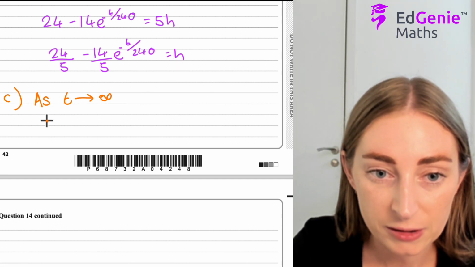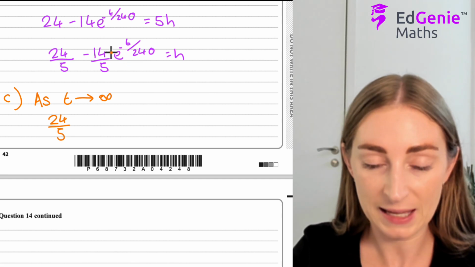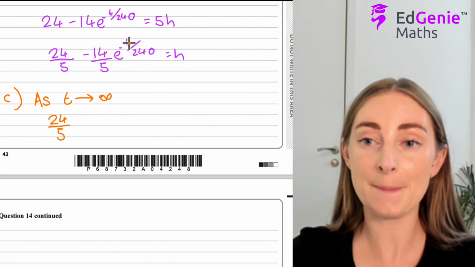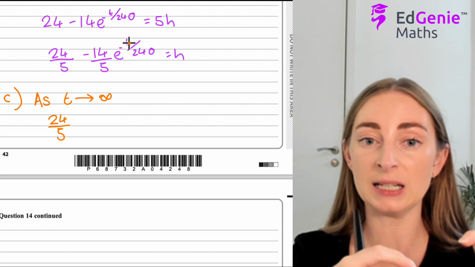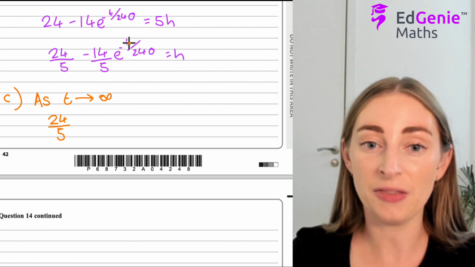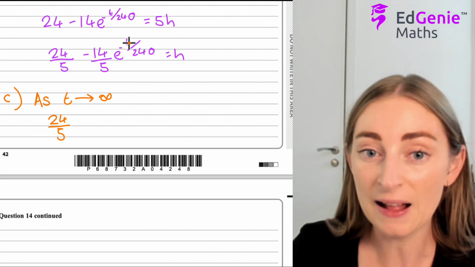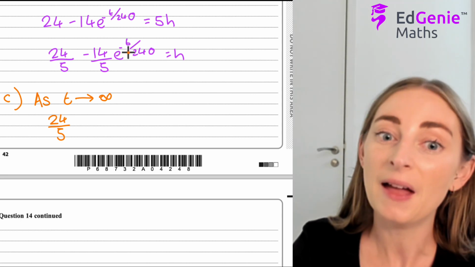So we're going to have 24 over 5. This term here, so as t gets bigger and bigger and bigger, you're going to have the exponential to the power of negative infinity. So that is going to go closer and closer to 0. So at infinity, this will be 0.